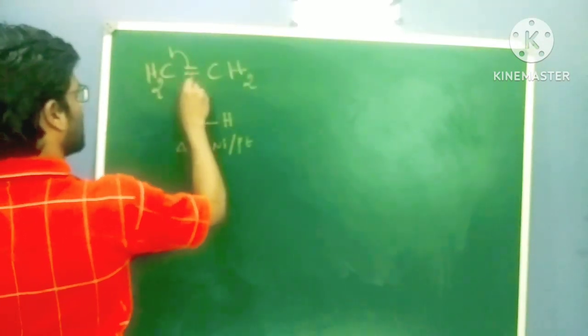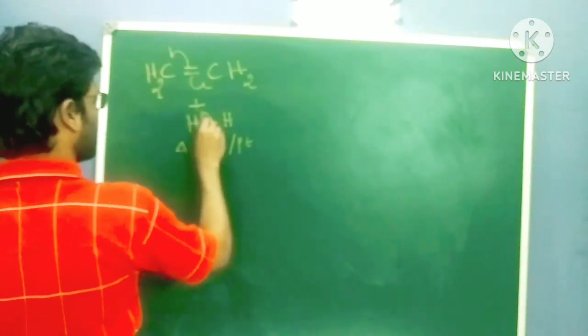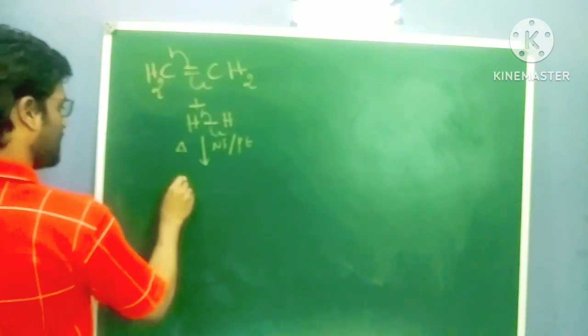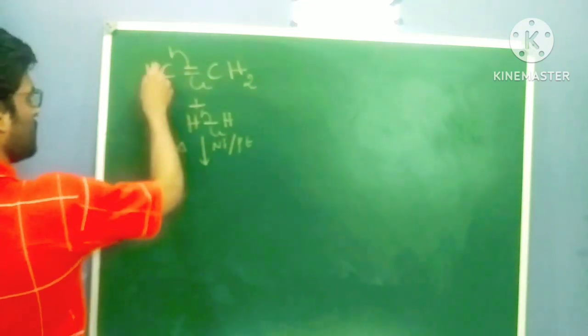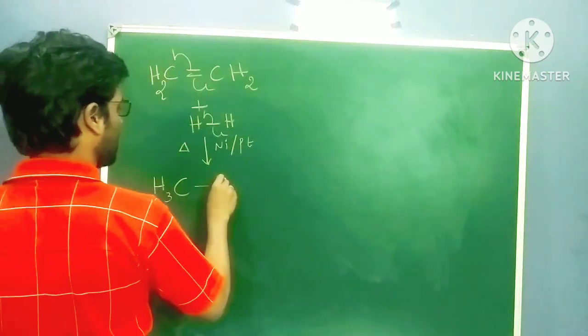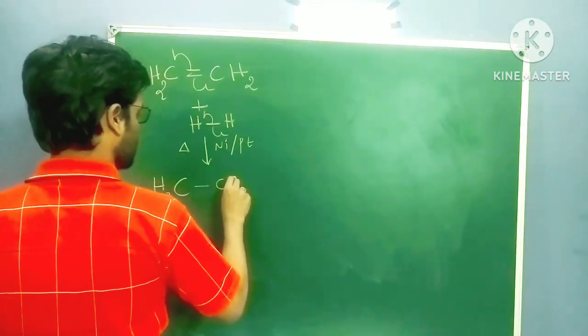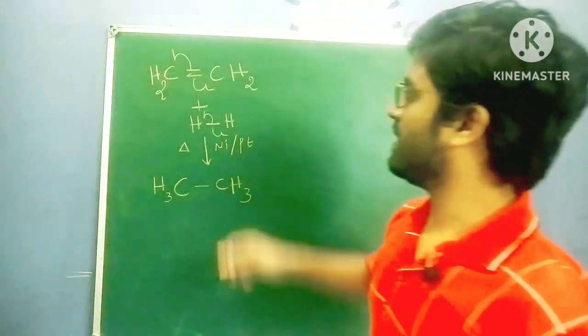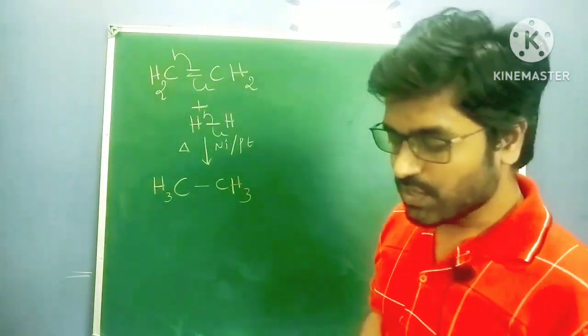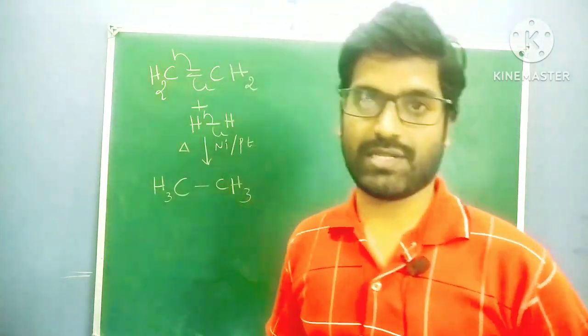So here radical cleavage, here also radical cleavage. I will get this structure: CH3 here, one hydrogen to this radical and one hydrogen to the other. So here CH3 single bond CH3. This is an alkane.